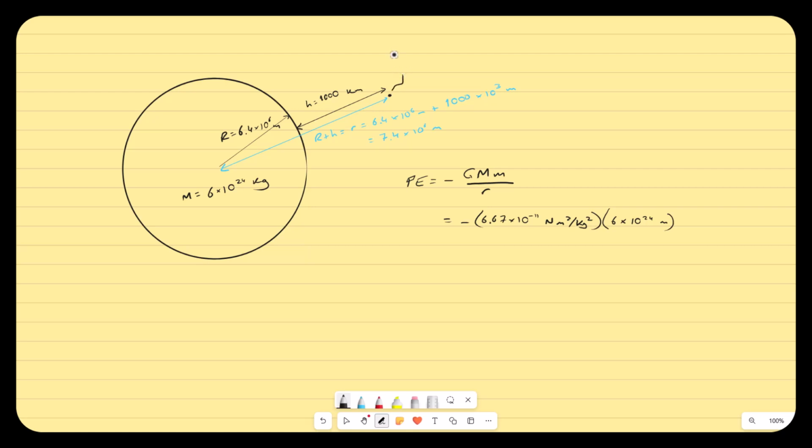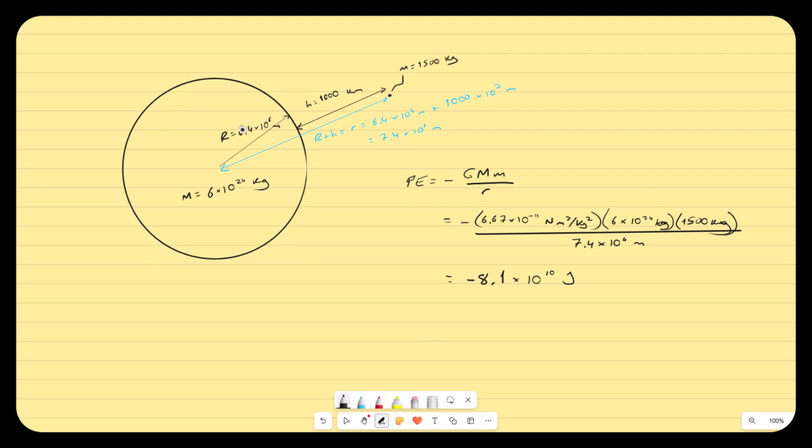So if I say this is a satellite with a mass of, let's go, 1,500 kilograms, then that's what's going to go here, 1,500 kilograms. And then I'm going to divide by r. And when I do all of that, I get a final answer of negative 8.1 times 10 to the 10th joules, which is a lot.